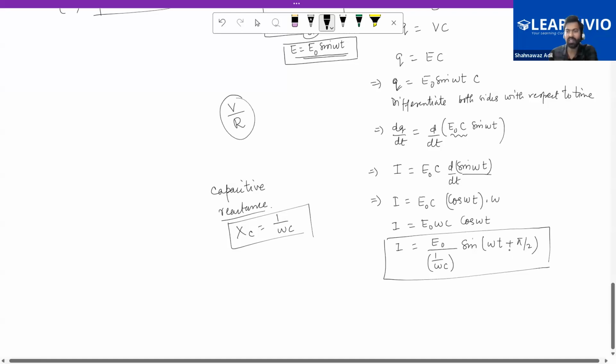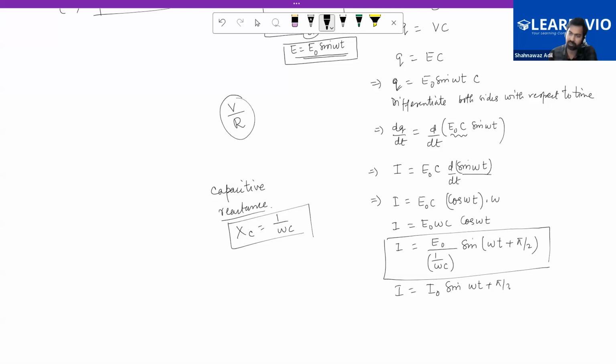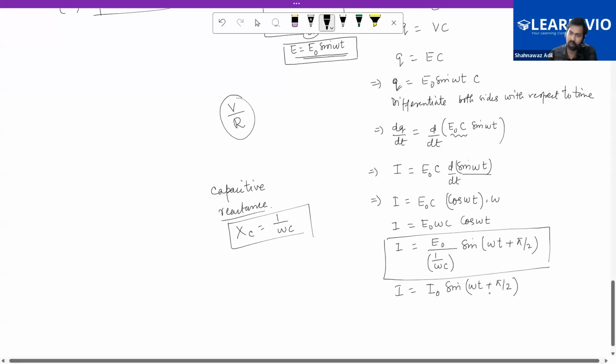So we see that in the case of the capacitor, I can write this as I naught sine omega t plus pi by 2. So this is what the current phase is, and the supply voltage that we have from the AC generator is E naught sine omega t, right?